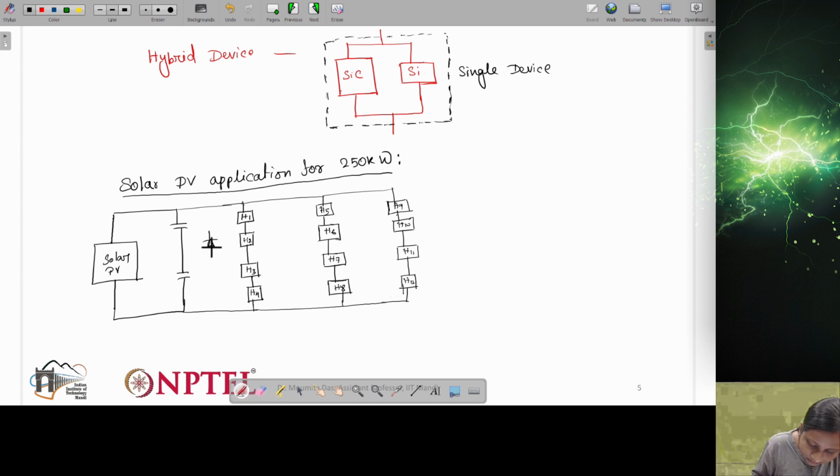So these diodes will be connected this way. Now from the midpoint of this capacitor it will be connected to all the diodes.